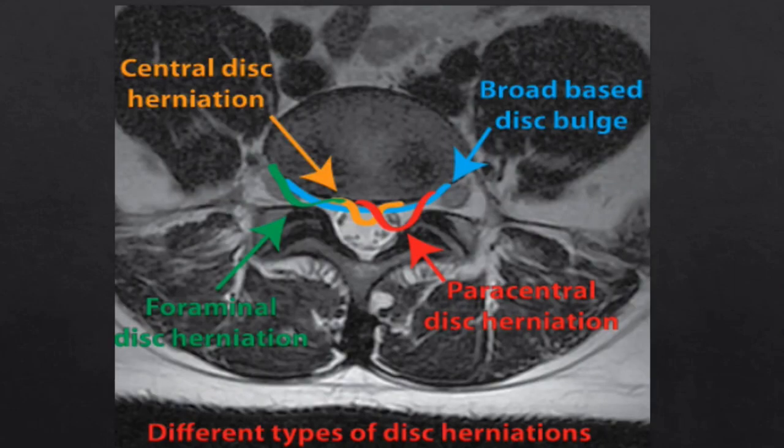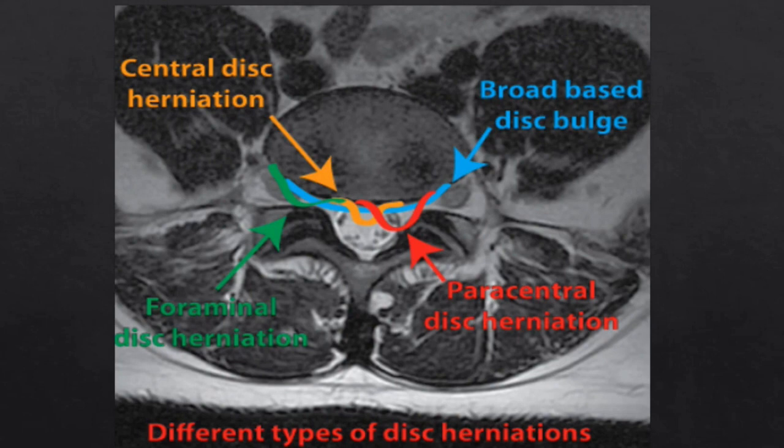So discs are under a lot of load and a lot of mechanical compression, and it really is not uncommon for them to have, especially the lower discs in the back, mechanical changes.